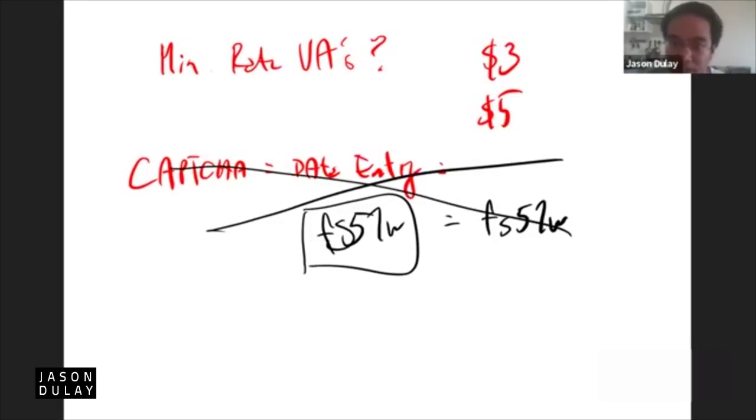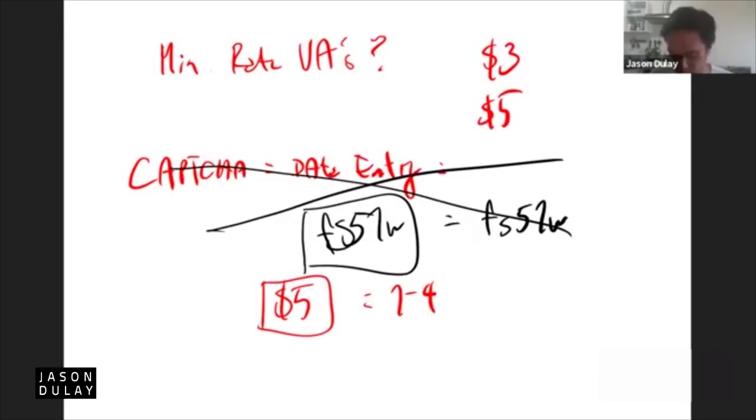How much minimum rate for data entry for a newbie? Most data entry jobs are posted at $5, and you should be able to get them done anywhere between 1 to 4 hours. And this is usually like a one page document.